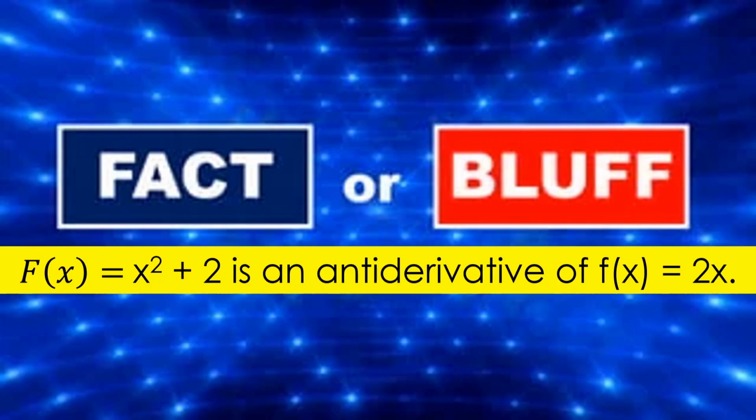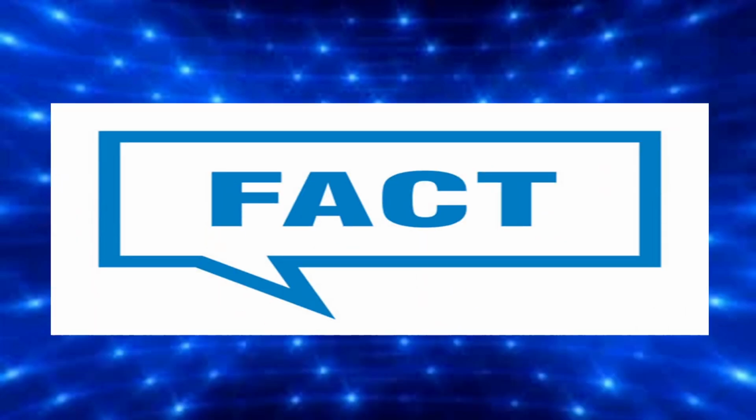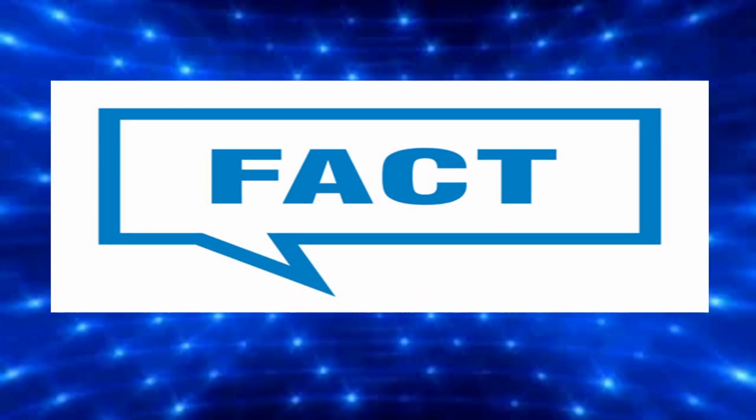For the first statement, f of x equals x squared plus 2 is an antiderivative of f of x equals 2x. Is it a fact or a bluff? It is a fact. Next, the integrand in the expression, the integral of 2x squared dx, is 2x squared. Is it a fact or a bluff? It is a fact.